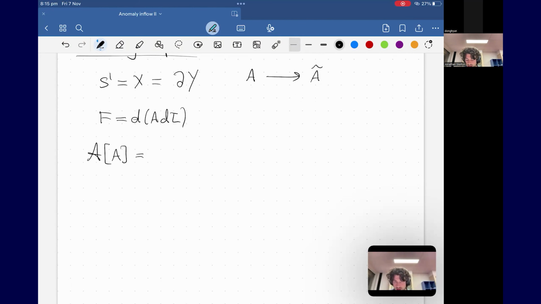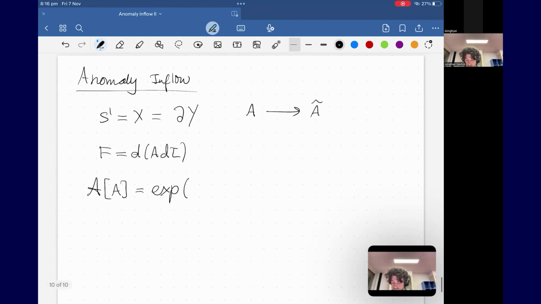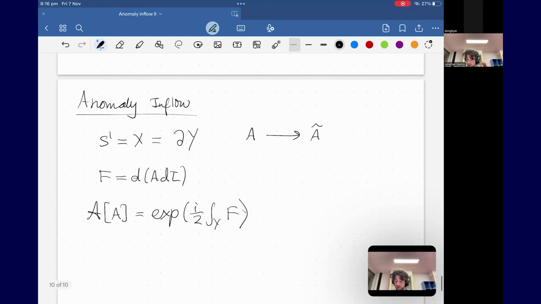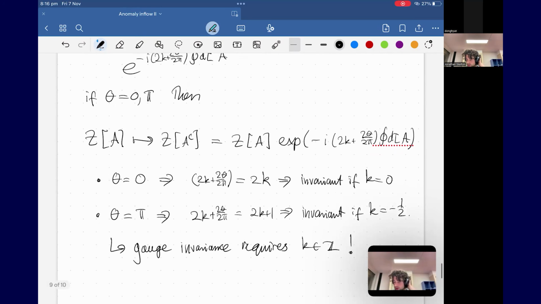It's just going to be the exponential of... in the notes they say they have this, but we can derive it explicitly. And then this thing is going to balance out the anomaly from the particle on the circle term. Let's see how we do this.